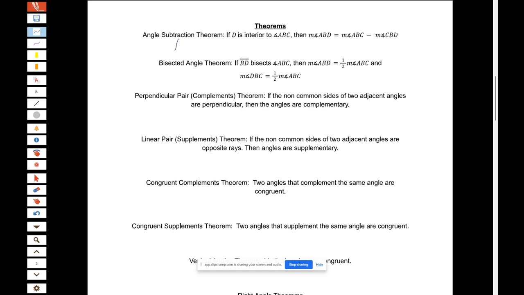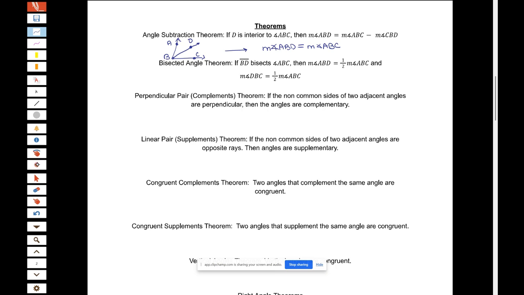So it says if D is in the interior of angle ABC, it's very much like the segment subtraction theorem that we did before. Then we can conclude that the measure of angle ABD equals, I'm sorry, I didn't write the equal sign, the measure of angle ABC minus the measure of angle DBC.